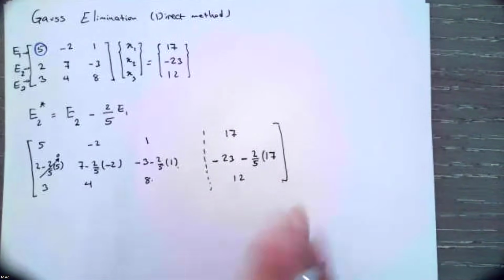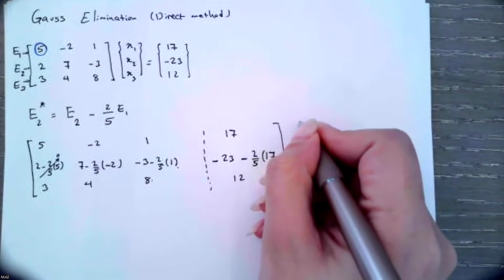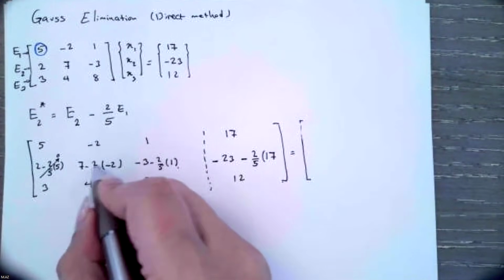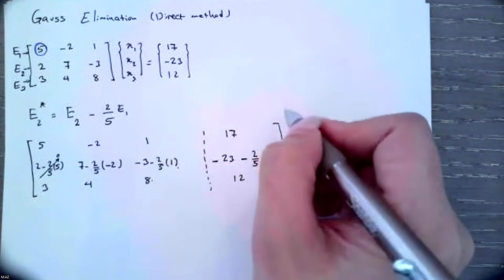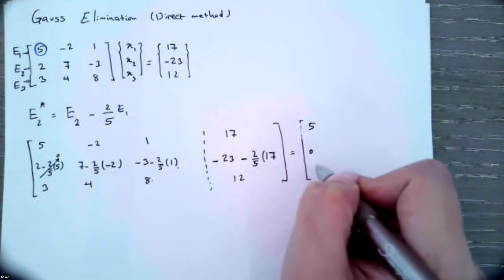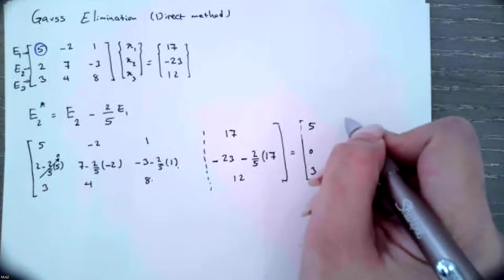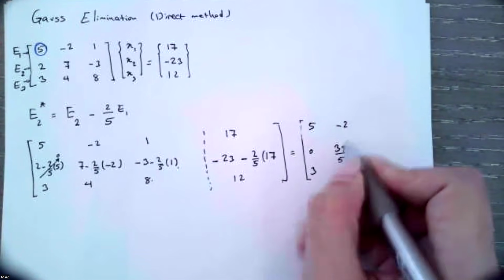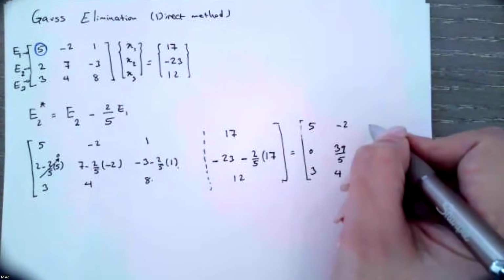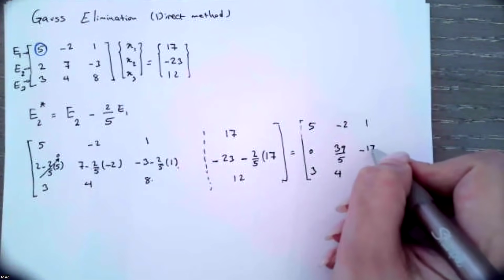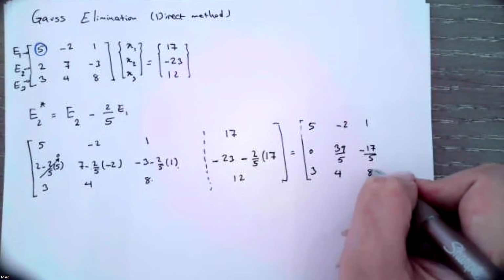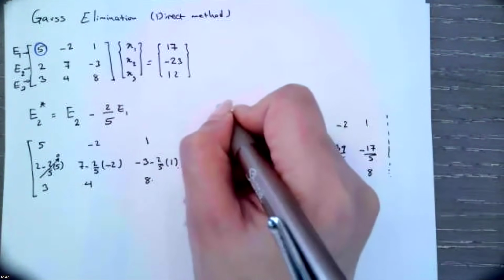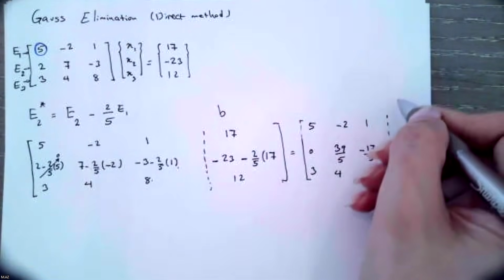If I rewrite these equations, based on the final answer, we have 503. And again, this part is about the B.